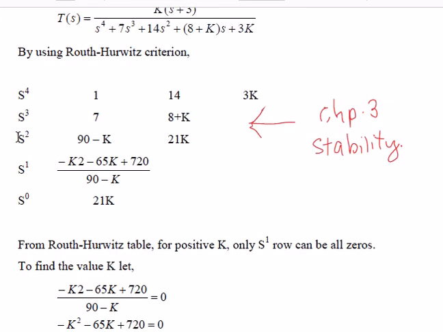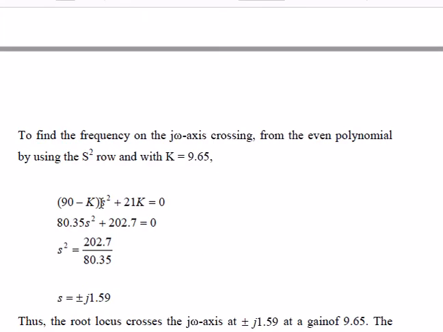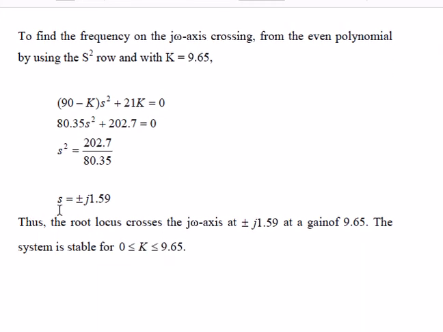This is our even polynomial, starting with (19 minus K)s^2 plus 21K. So we get the equation here. We need to replace K equal to 9.65. When we substitute, we get the value of s as plus or minus j1.59.